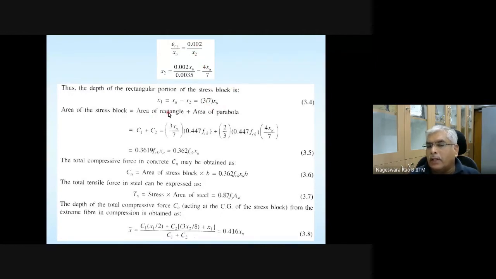If you add the area of the rectangle and the area of the parabolic region together, you get 0.36 fck xu. Please note that this is the area of stress. If you want the total compressive force, you need to multiply by the width as well. Total compressive force is the area of the stress block times the width of the beam, b. That is 0.362 fck xu times b.